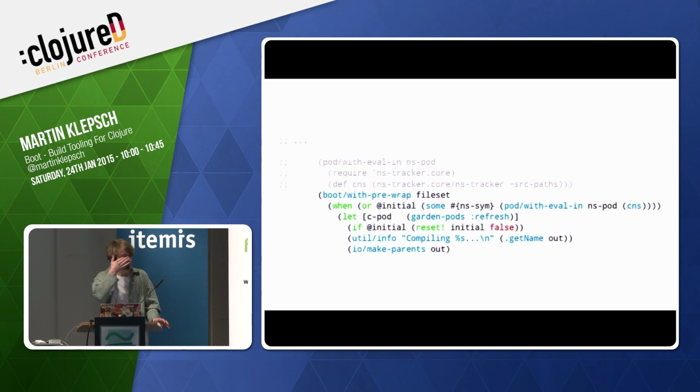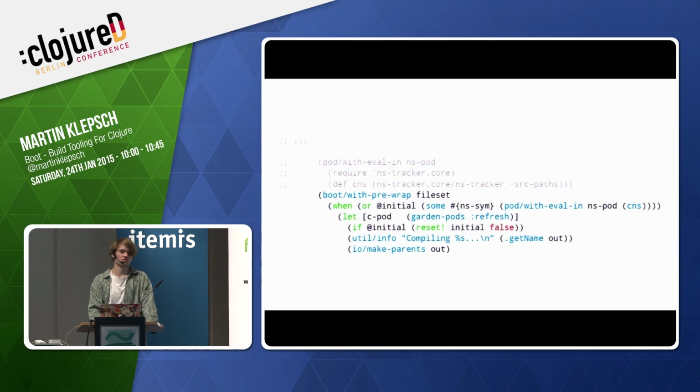So what is boot prewrap? Boot prewrap is basically a little helper function to make it easier to make your tasks conform to the middleware approach that has been developed to compose tasks. So you specify a var which will contain the file set, and then we're checking, hey, is this the initial run of the task?